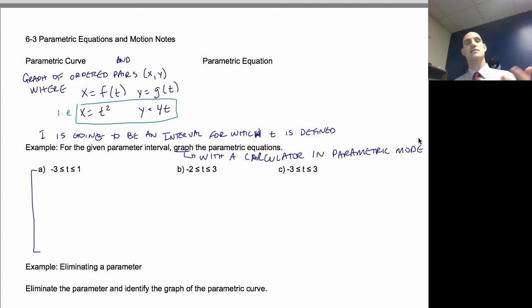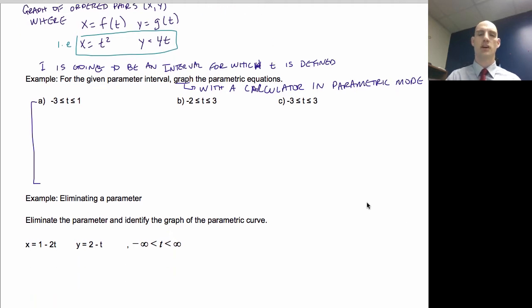A lot of these things we can do without necessarily knowing how to graph yet, which is why we're going to go on. But tomorrow in class we'll talk about what these graphs look like, how we set them up, what we need our window to be, and why this notation is so funny on my calculator.